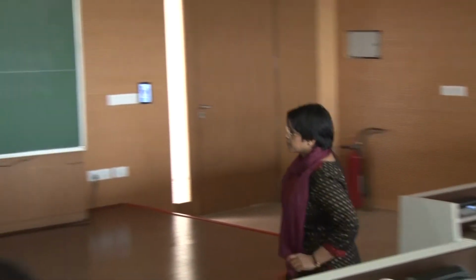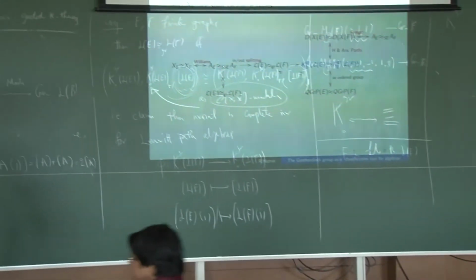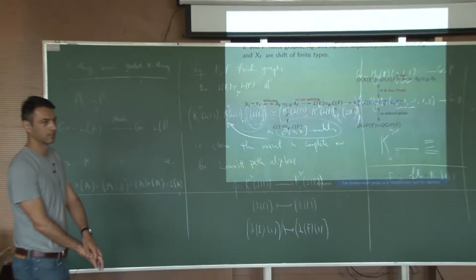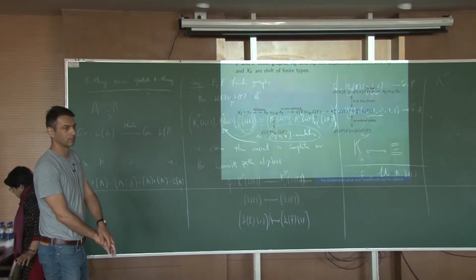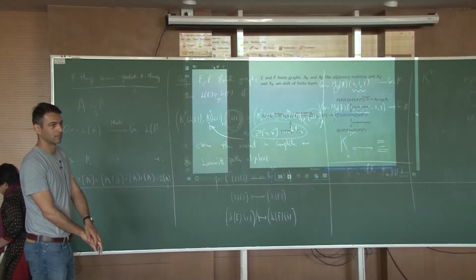Well, it's kind of related to the question I asked, I think, yesterday. Namely, you see, you have your conjecture, and now you're using a specific grading.